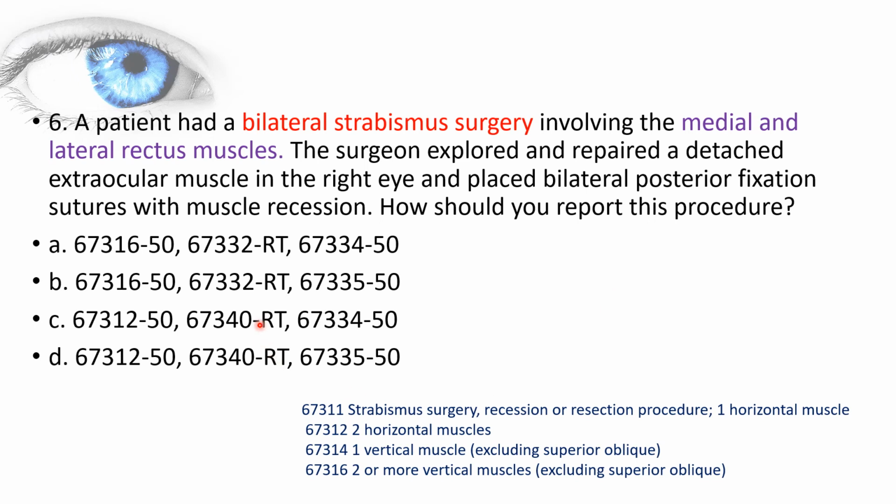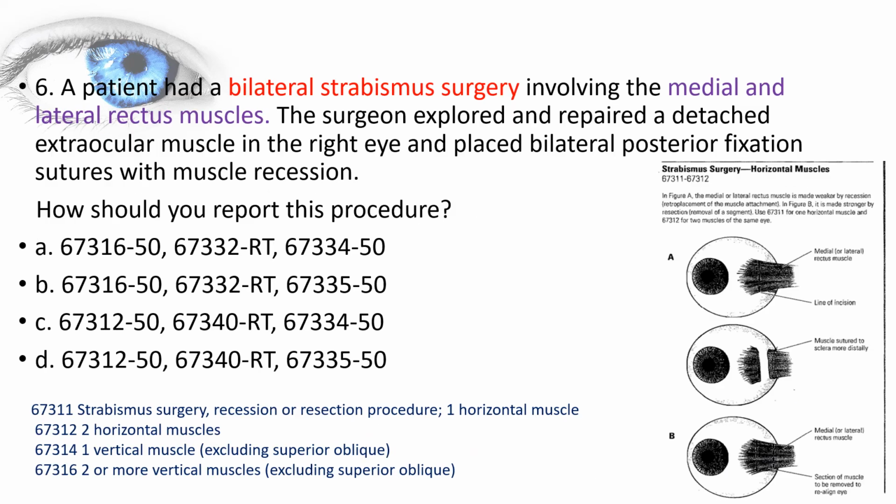And these are the codes for the strabismus surgery and muscle. If you have a confusion about which is a horizontal or vertical muscle, go to the text. You can find Strabismus surgery, horizontal muscle. Under horizontal muscle is medial or lateral rectus muscle. So we can say these are the horizontal muscles. Even if you don't remember by heart, just go through the text. You can find the answer.